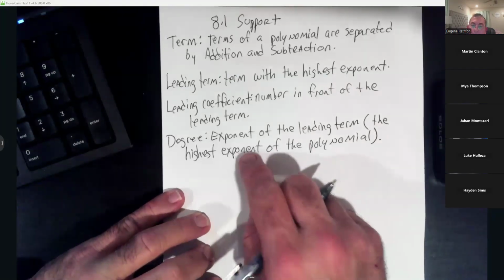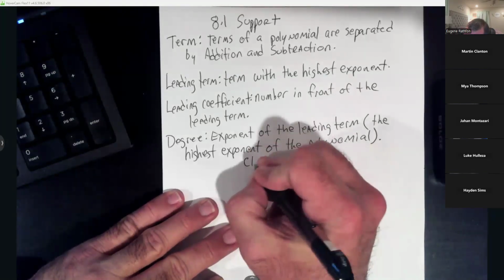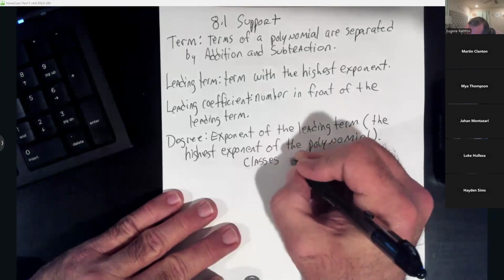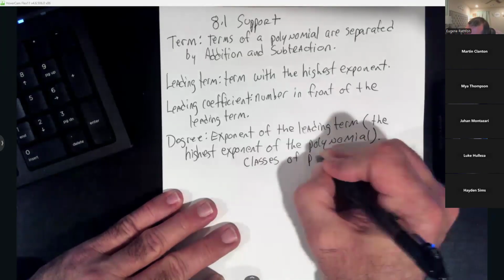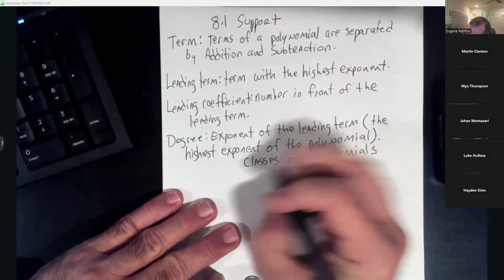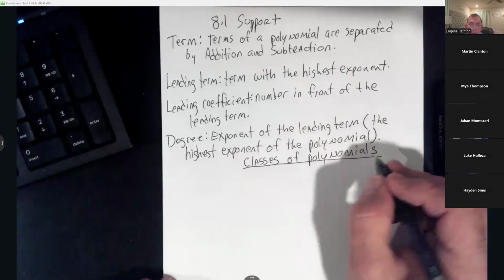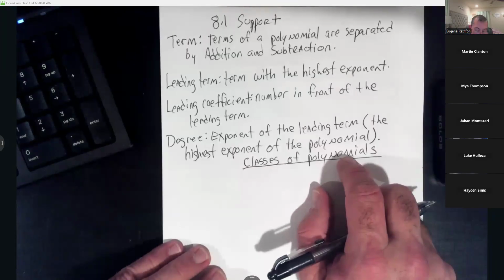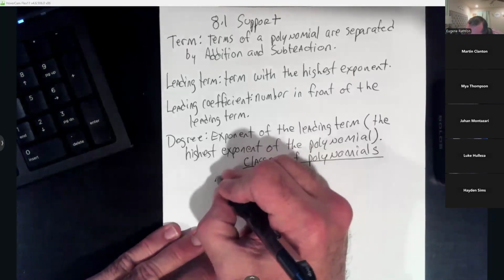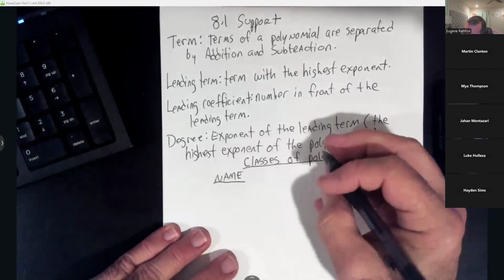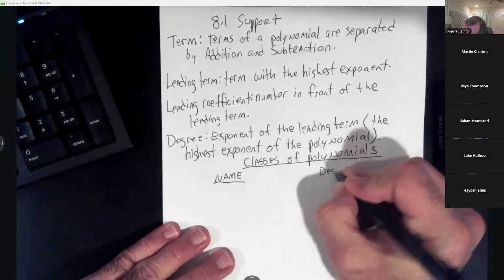All right. Now, we're going to classify the polynomial. So these will be the classes of the polynomials. I'll give you the name and what degree it has to have. So the name and degree.